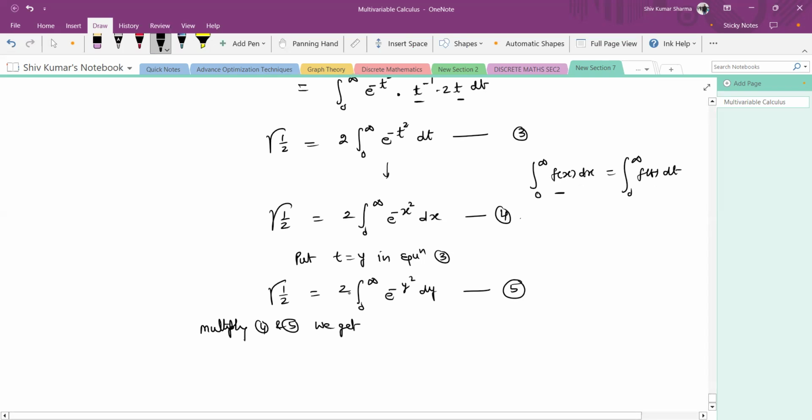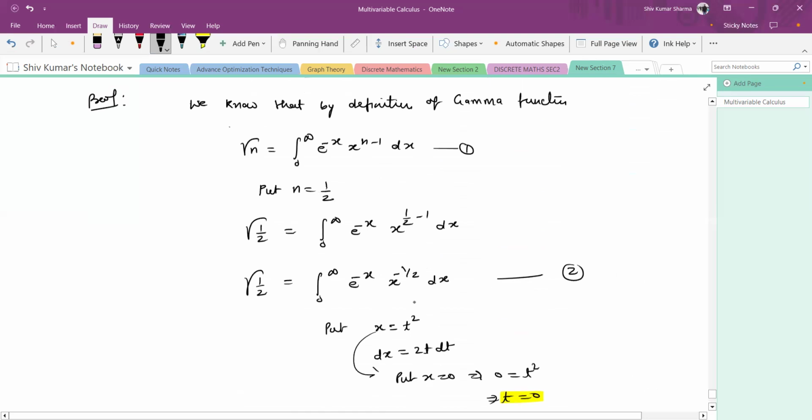When we multiply 4 and 5, we get gamma 1 by 2 to the whole square is equal to 2 into 2, so we can write 2 into the integral 0 to infinity of e raised to the power minus x square into dx, into 2 into the integral 0 to infinity of e raised to the power minus y square into dy. So we have written the property above.